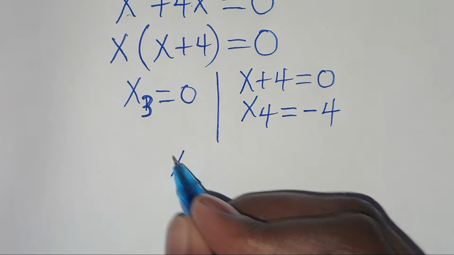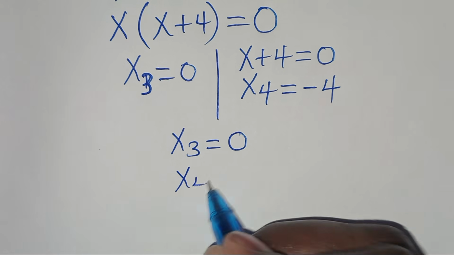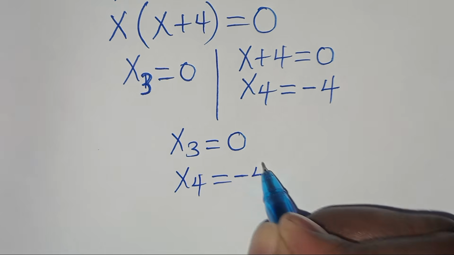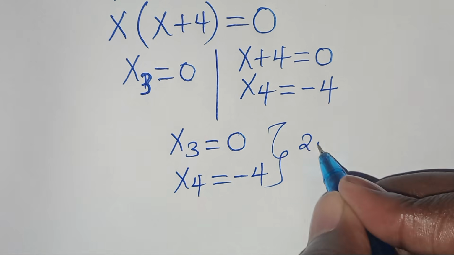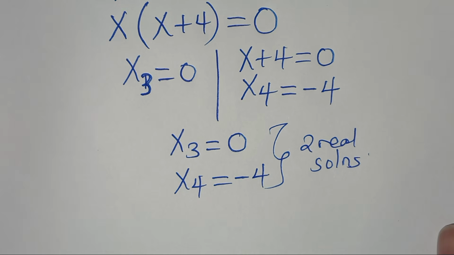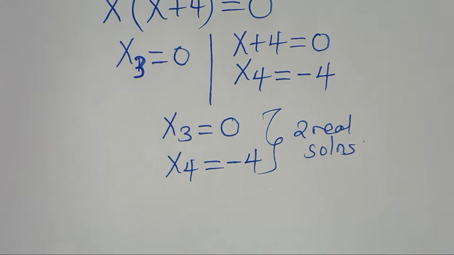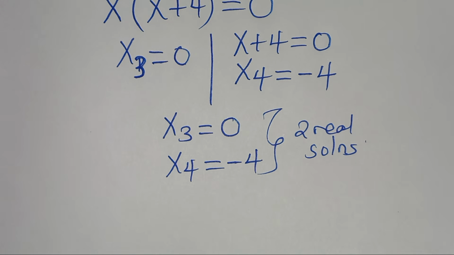So we have x3 equal to 0 and x4 equal to minus 4. These are two real solutions under case 2. Let's verify that these two real solutions satisfy the equation.